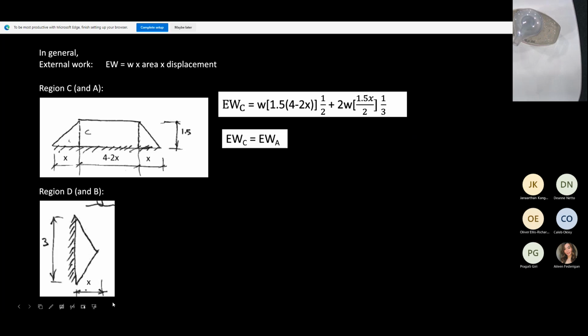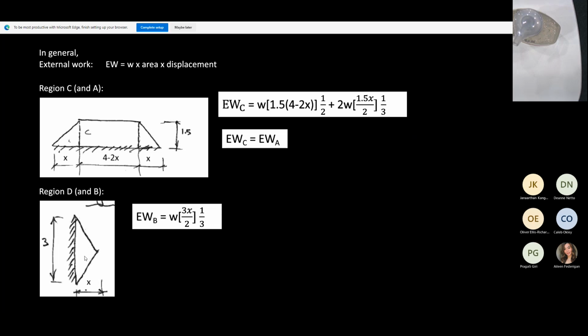Yeah, 3 times x over 2. Yeah, I want to hear the 3 times x over 2. So it's half the base times the height. Yeah, always. Okay, so we've got that, and then you multiply by the displacement again at the centroid, which is 1/3. Okay, simple. Yes. I have a question. Centroid of a triangle will always be a third. Yeah. And then for a rectangle, yeah, as well. Yes.